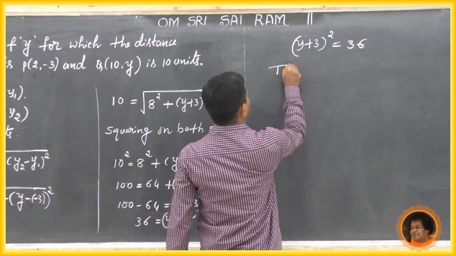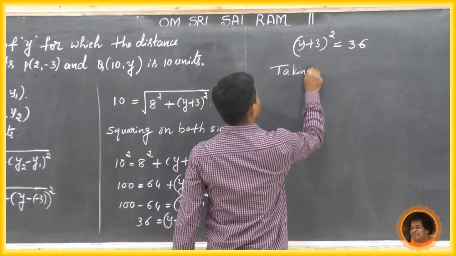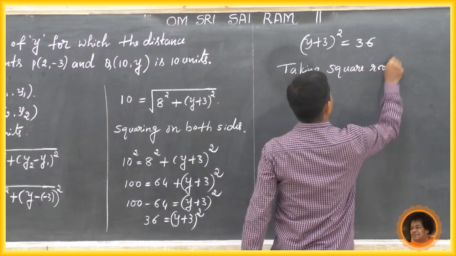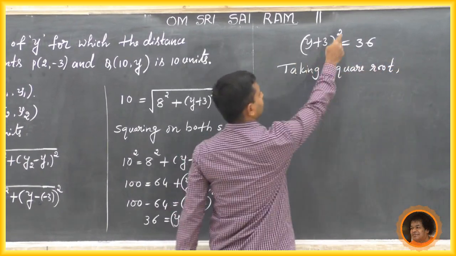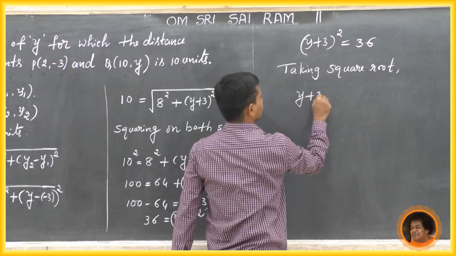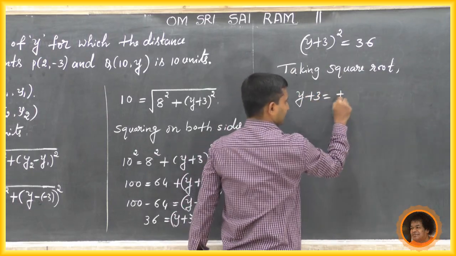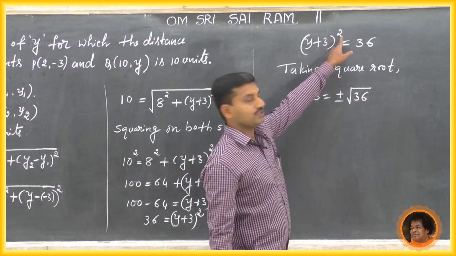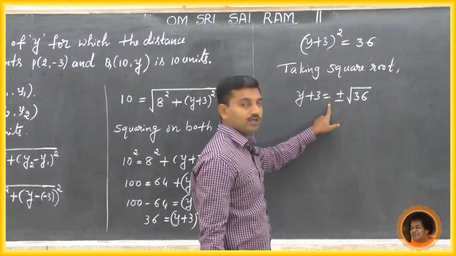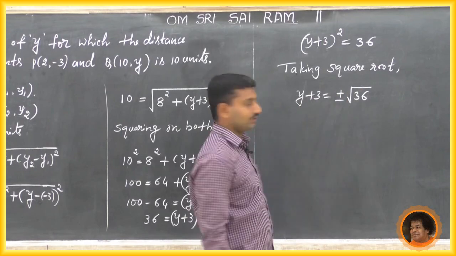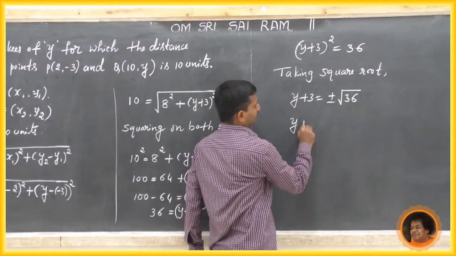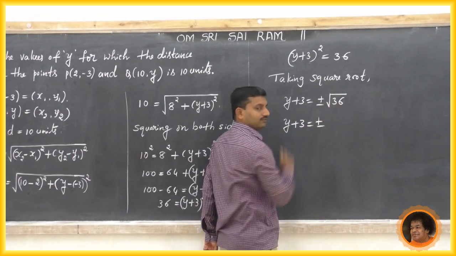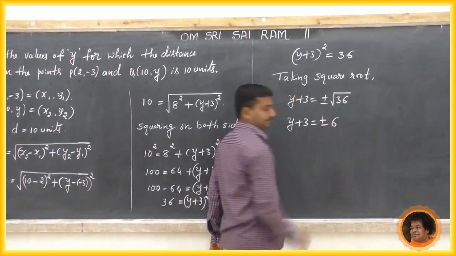Now taking square root, so we get y plus 3 equal to plus or minus square root of 36. Here the highest power is 2, so therefore y plus 3 equal to plus or minus square root of 36, that is 6.